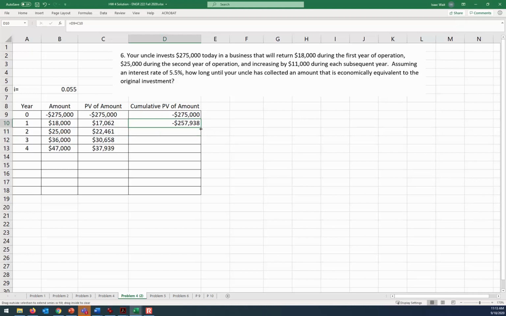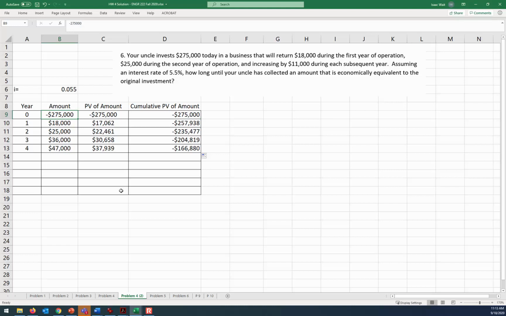That means when is this going to cross over to a positive value? So when he's no longer in the hole, so to speak, when the future revenues that your uncle has received are equivalent to the present investment that was required in order to make this all happen.